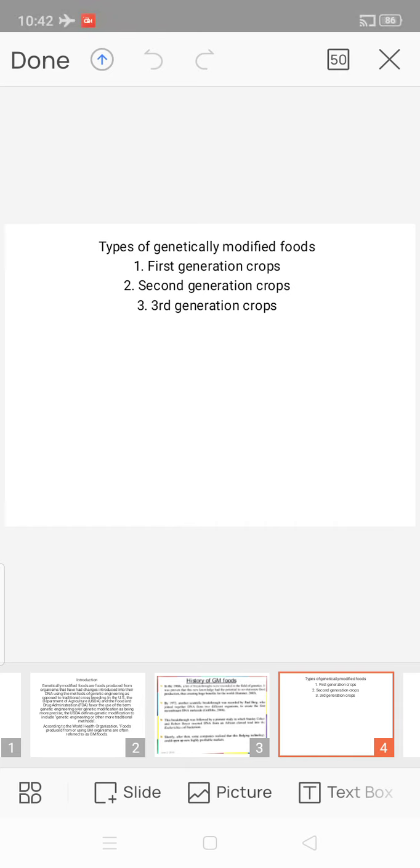Examples of such crops include rice with a higher level of beta carotene, tomatoes with higher levels of carotenoids, maize with increased vitamin C, soybean with improved amino acid compositions, and potatoes with higher calcium content.